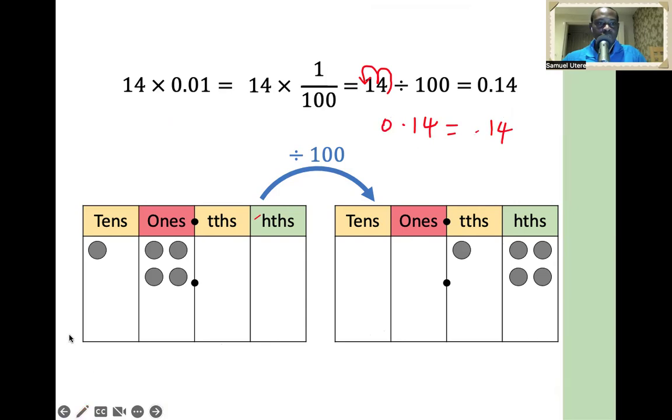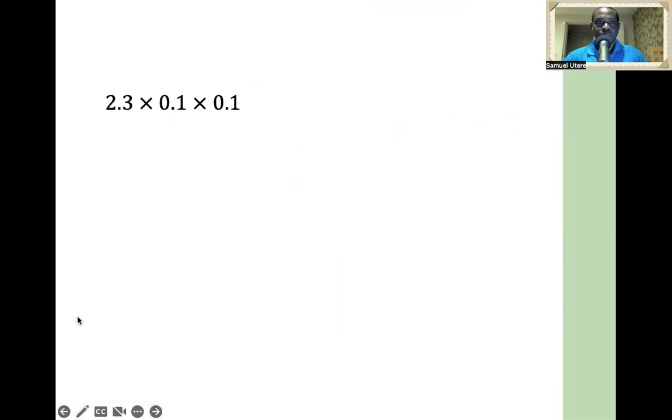Okay, let's look at another example. If we have this one now, 2.3 times 0.1 times 0.1. I want you to think about this carefully. If 0.1 is the same thing as 1/10, we could do this like this.